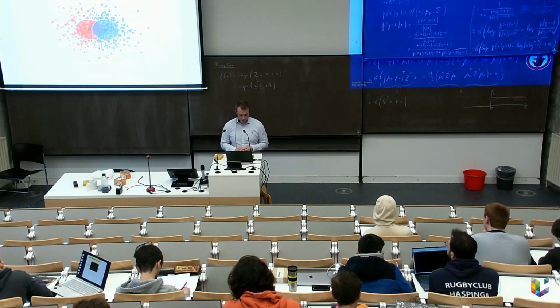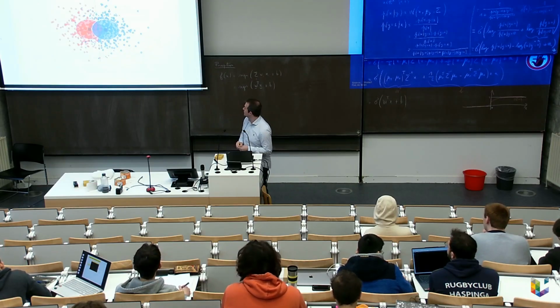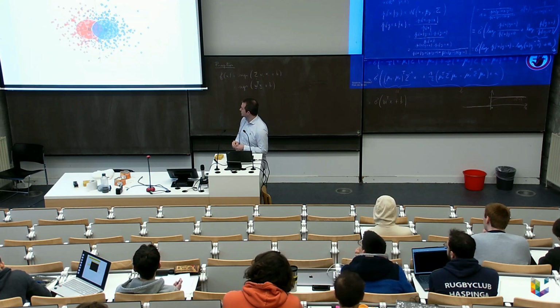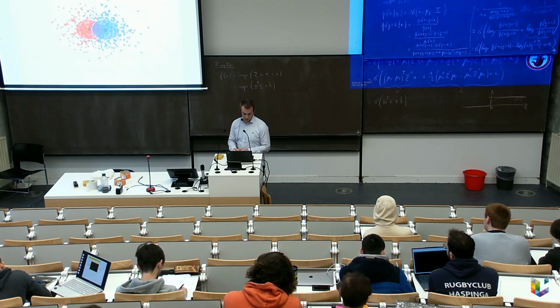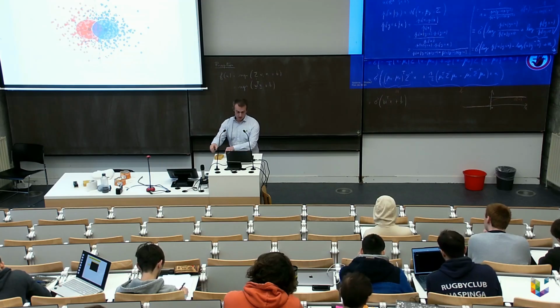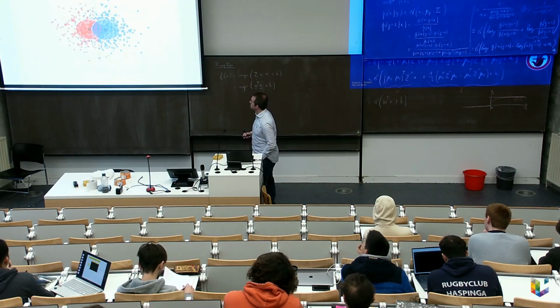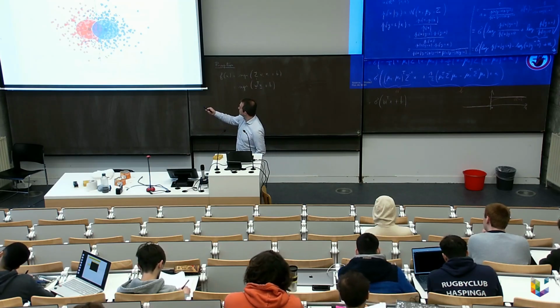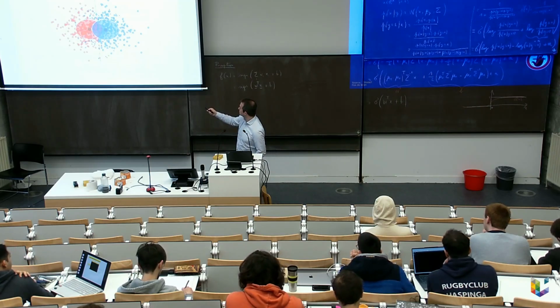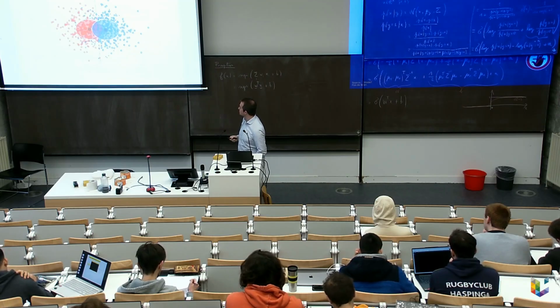If you do this, you would get something like this, for example. In this case, we have a data set of blue points and red points. If we do this linear discriminant analysis, we would fit a mean and a second mean. These correspond to the two big black dots.